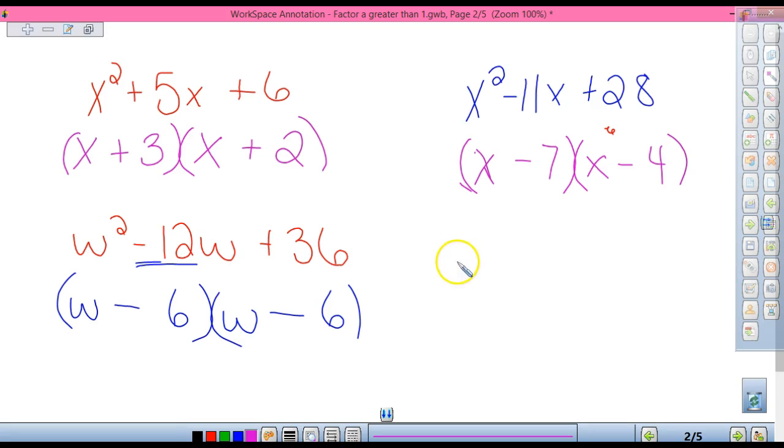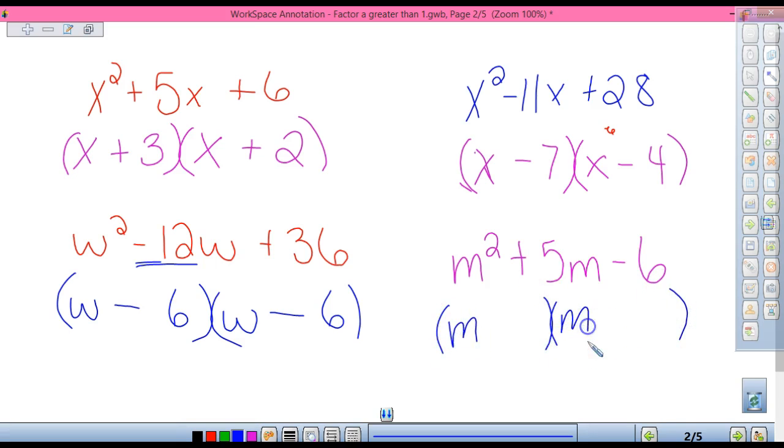let's go with m squared plus 5m minus 6. Alright, so how am I getting to m squared? M and m. Let me get to 6. Okay, 2 and 3 would be an option. Okay, 6 and 1 is going to be an option.